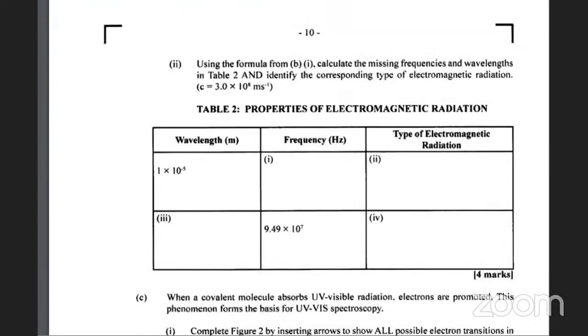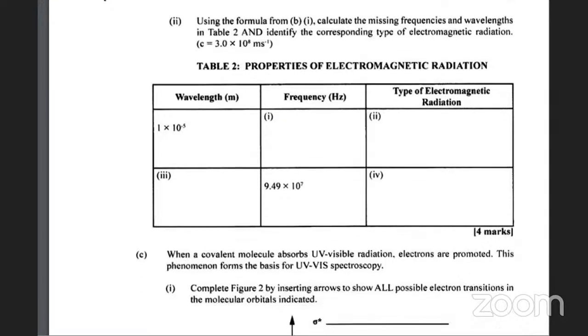So now they're saying use the formula from B1, calculate the missing frequencies and wavelength in table 2. All right, so if we say that C is equal to lambda V, and we want the frequency, then you would divide by the wavelength.